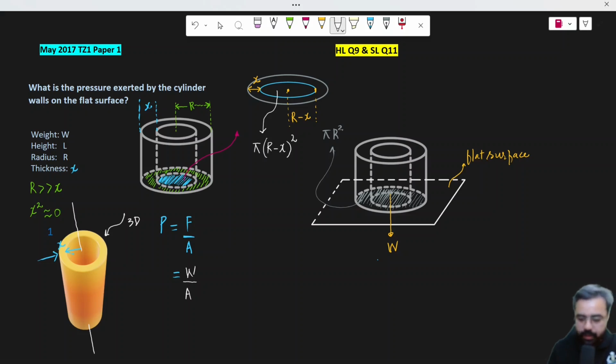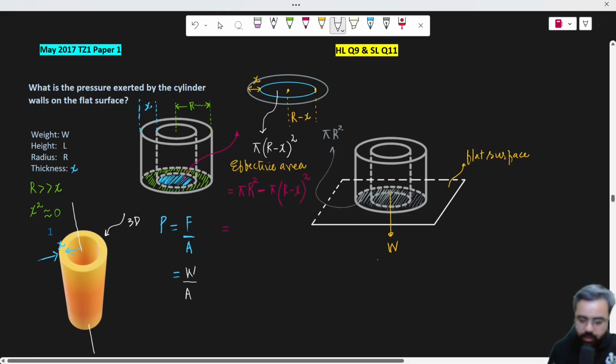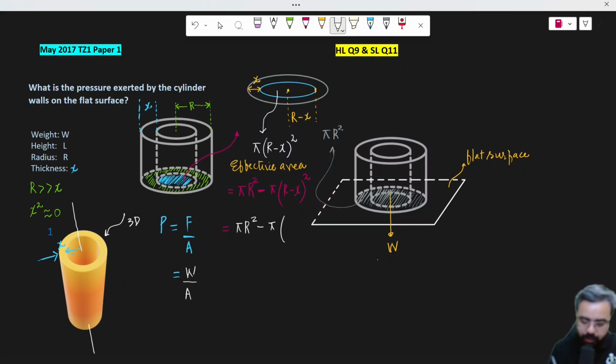So I was saying that if you want to find the area of the effective part, which is exerting pressure, that should be equal to the total area, pi r square, minus this area, pi into r minus x whole square. So it is pi r square minus pi into r square plus x square minus 2rx.